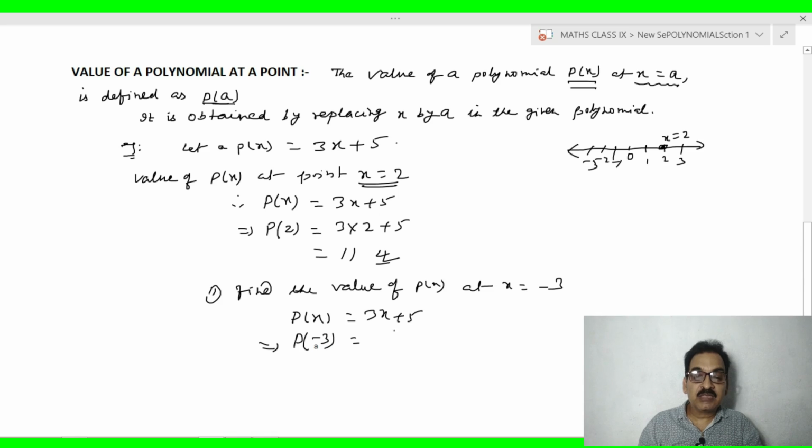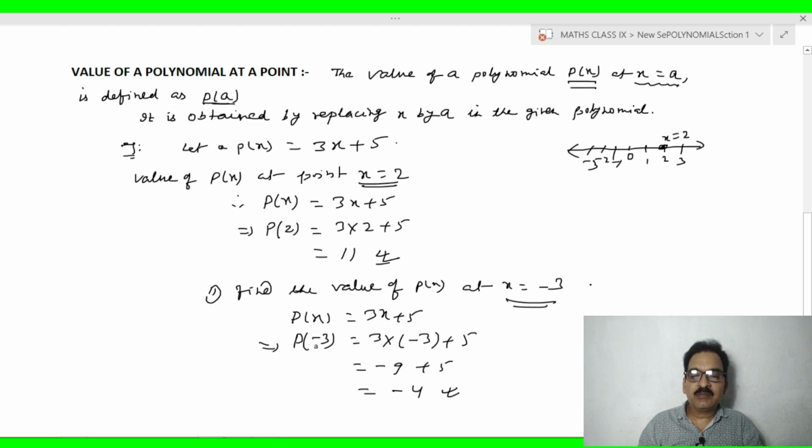Then p(-3) is equal to 3 times -3 plus 5, which gives -9 plus 5, and hence -4. So this -4 is the value of the polynomial 3x plus 5 at the point x equal to -3. I hope it is clear.